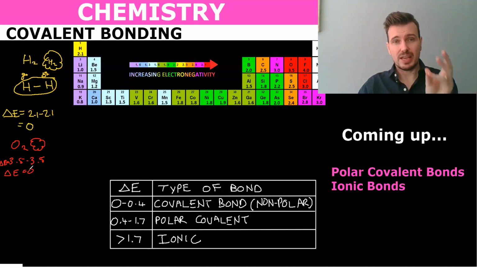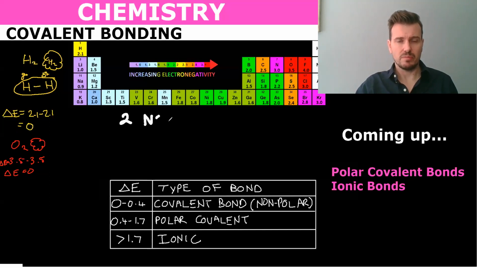Both atoms are the same element, so we're going to have a covalent bond. A covalent bond happens between non-metals. You see that with hydrogen and oxygen and nitrogen gas. So we know then that covalent bonding happens between two non-metals.